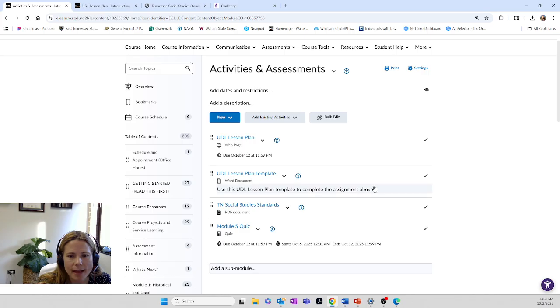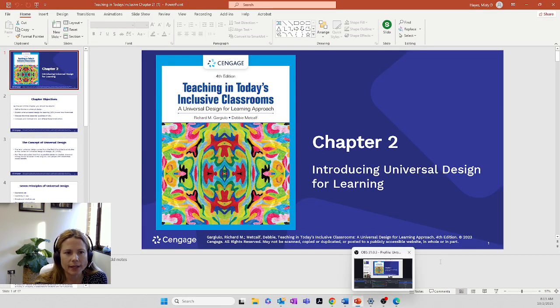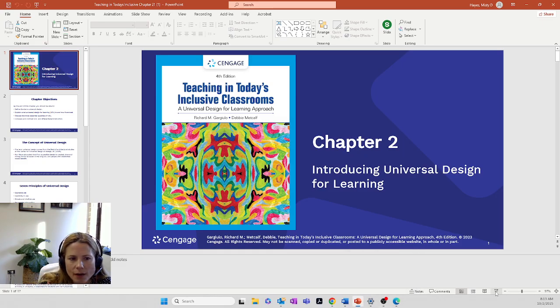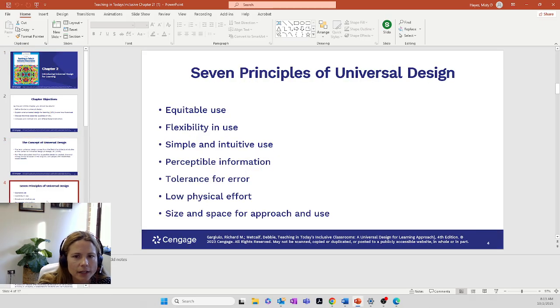Before we get into that, as far as your assignment, I want to go over our PowerPoint. So the thing that I wanted to concentrate on is when you're reading the chapter, I wanted you to see that there's multiple principles in terms of universal design, okay?